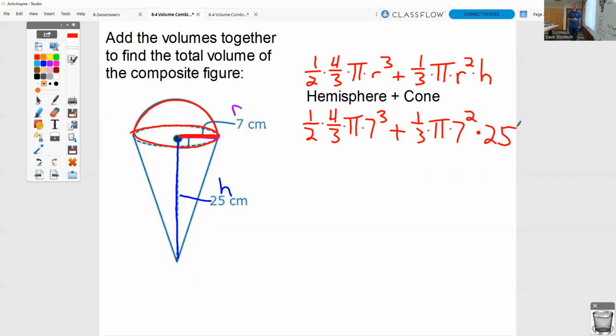You're going to type in all 8 of those things all at once. So 1 divided by 2 times 4 divided by 3 times pi times 7 caret button 3 plus 1 divided by 3 times pi times 7 squared times 25. You type in all of those things all at the same time.